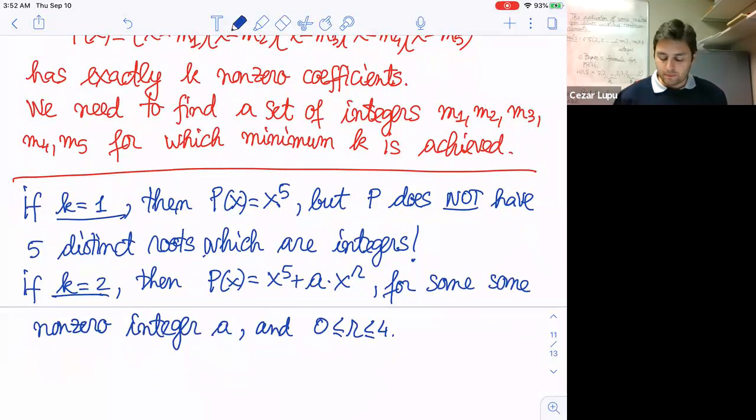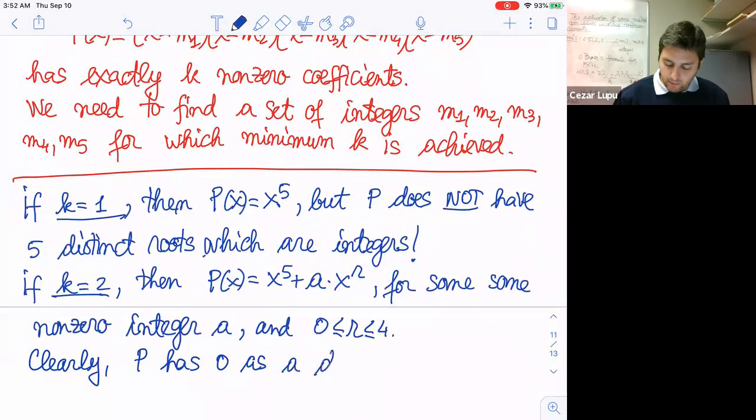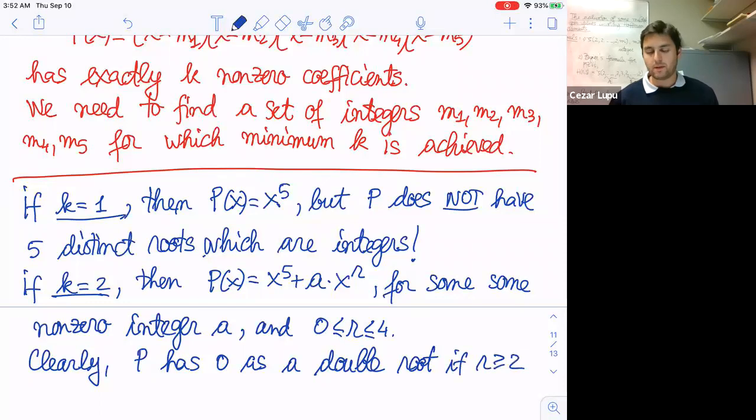Well, it's clear that P has 0 as a double root, right? If r is greater or equal than 2, for example.